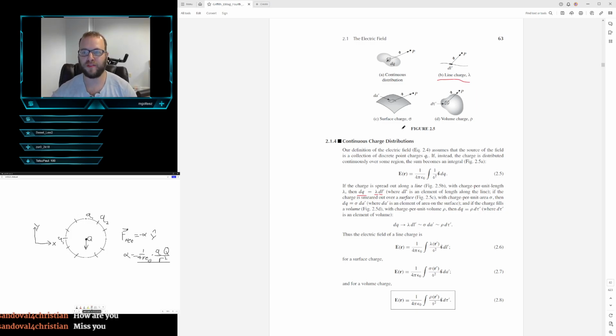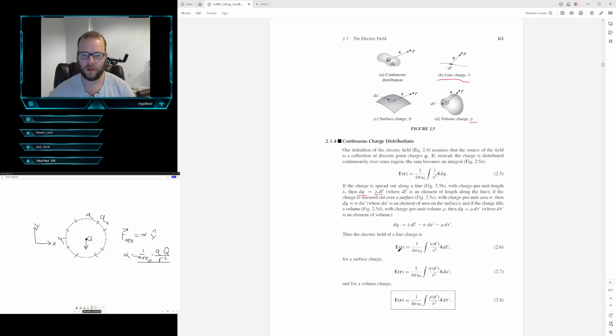Likewise, if we had this over a surface, it would be the surface density times the area, some dA. And if it was a volume, it would be the volume charge density, rho, over some infinitesimal volume element.